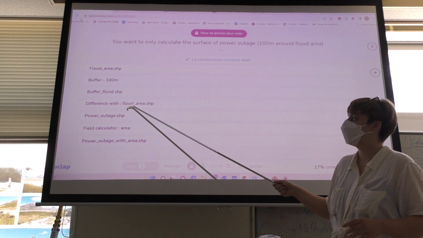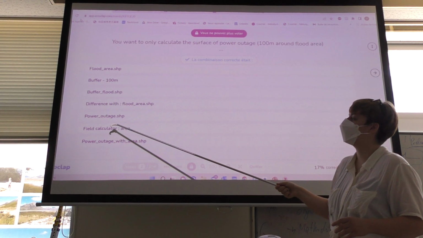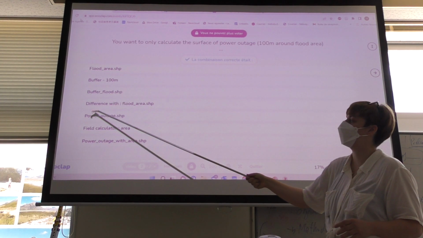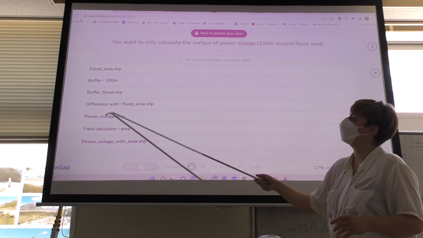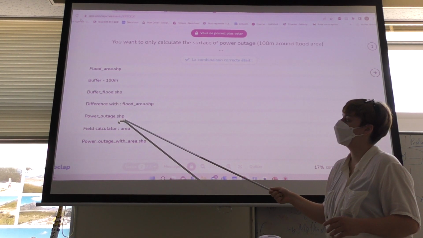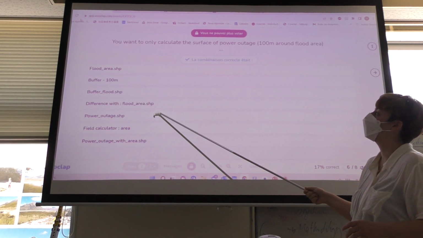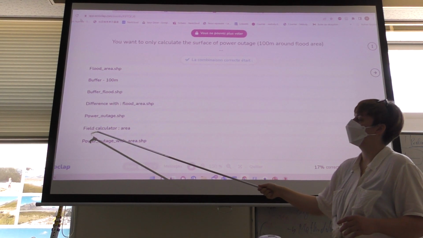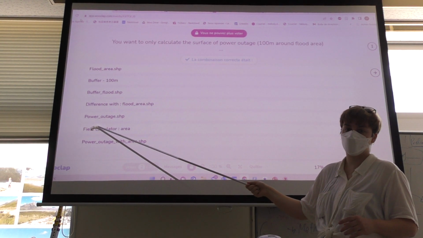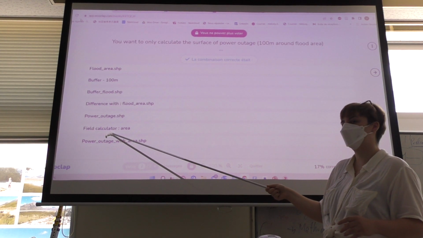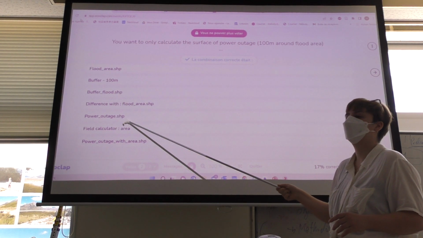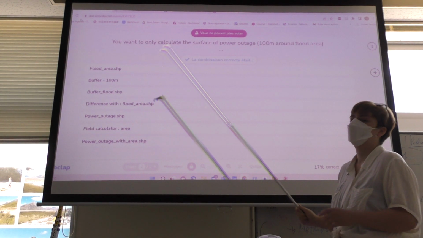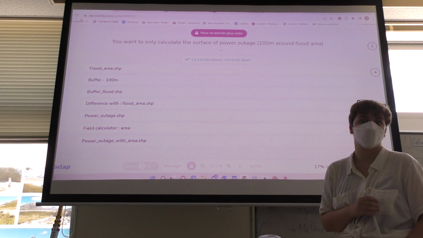With the difference, what we get is the power outage shapefile. So we have only the area of 電気がないところ. And to know the surface, we have to do a treatment, which is the field calculator, where we calculate area. And then you have your final results.